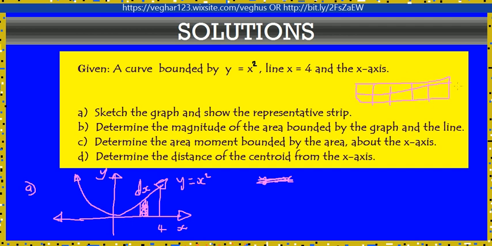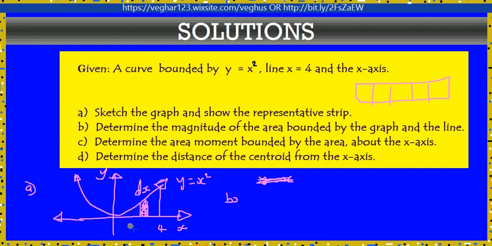You can use a table like this to draw the graph, yeah, you can do it like this.